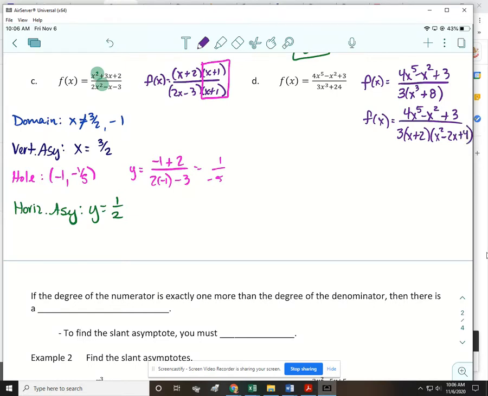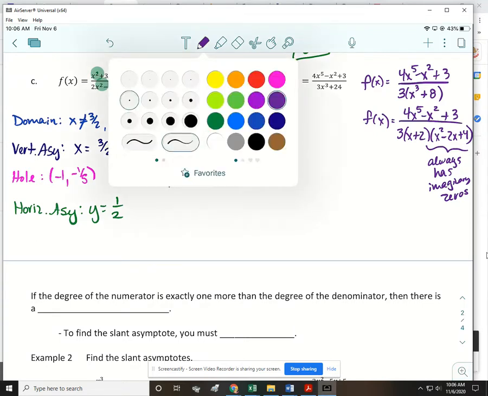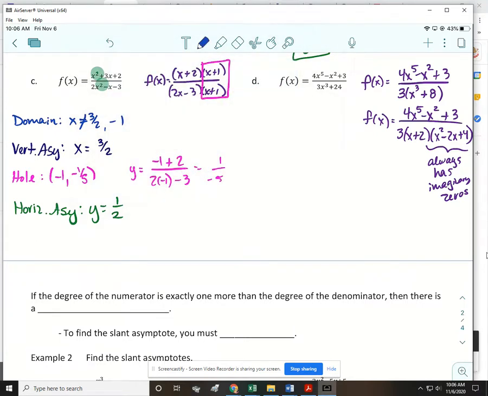Now, one thing about the sum of cubes and the difference of cubes is this is always going to give you imaginary zeros, that part. So we are not going to worry about that messing with our domain or creating a vertical asymptote or hole or anything; that is going to be imaginary.